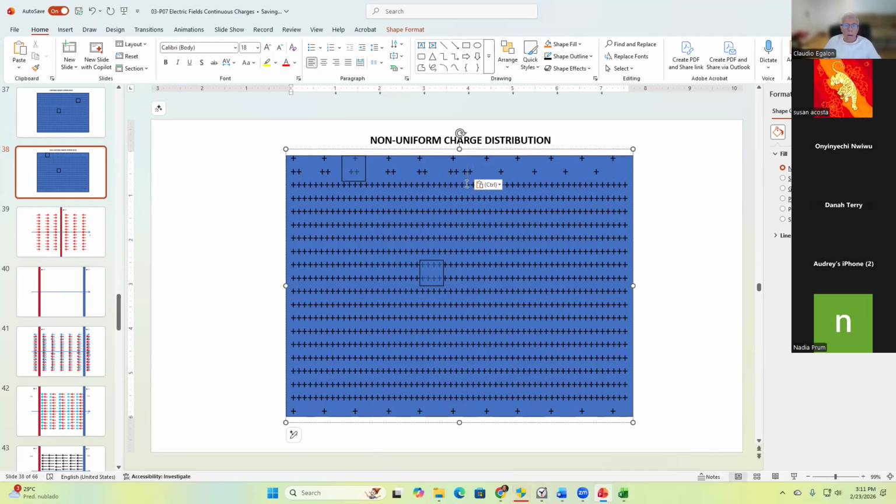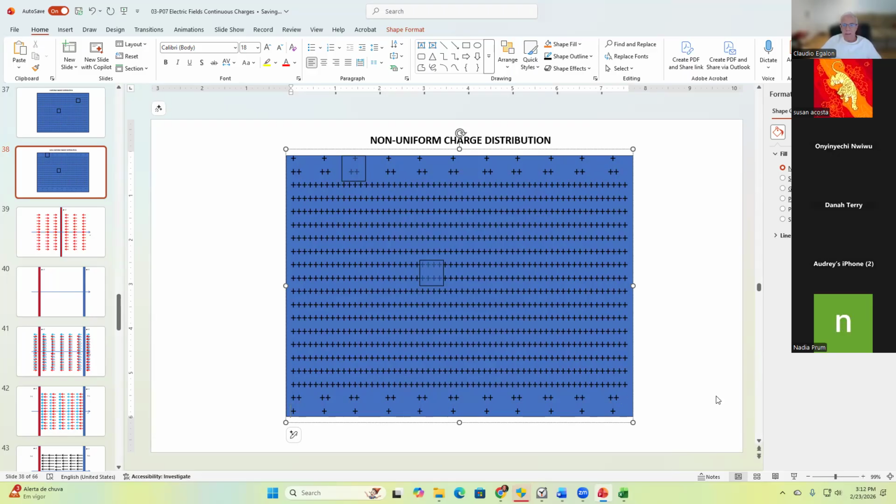Why is it doing that? Making my life hard here. Now I'm going to copy this one and paste it down there. In this case, this non-uniform charge distribution has a symmetry.